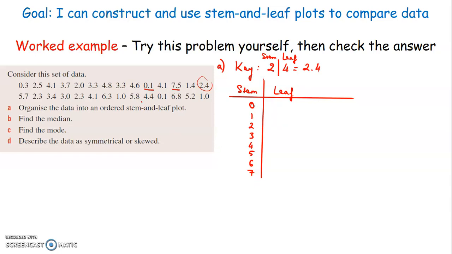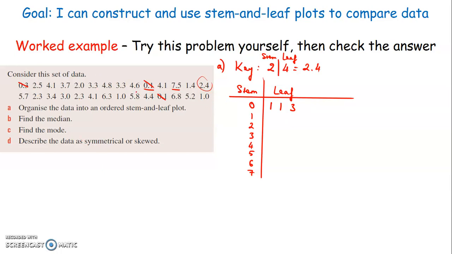Like we said, the first one is 0.1. So I just need to write the last digit for the leaf, 1. I'm going to cross it out because I'm done with it. I can see that there is another 0.1, so write another 1 and cross it out. Then the next one is 0.3, so write the 3 and cross it out. Just the last digit, and then we move on.